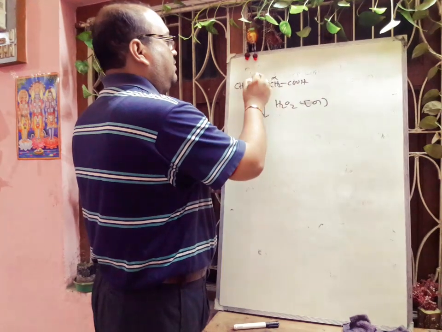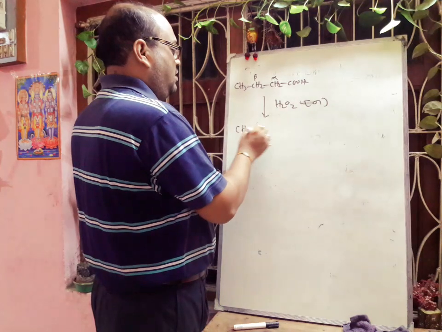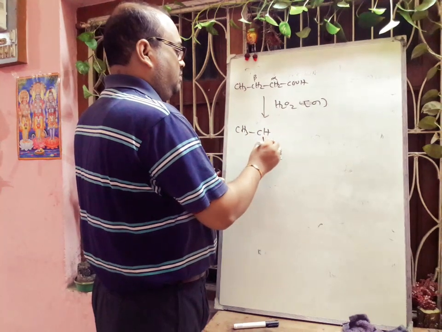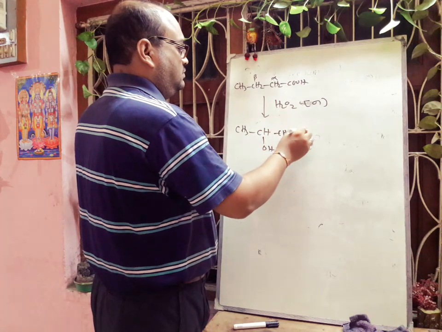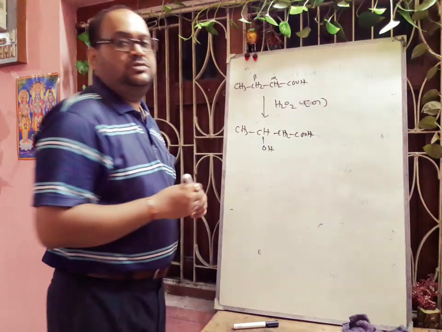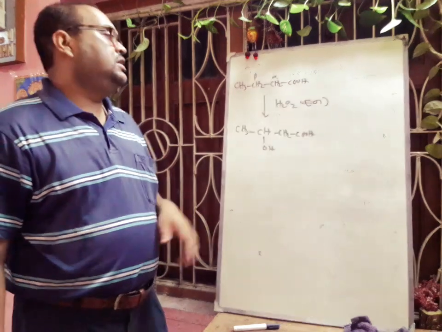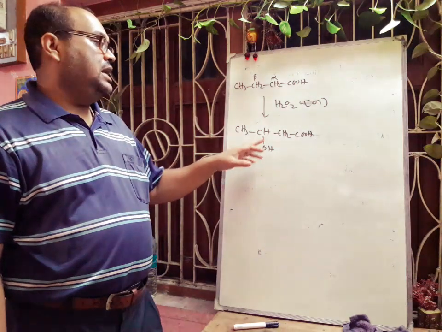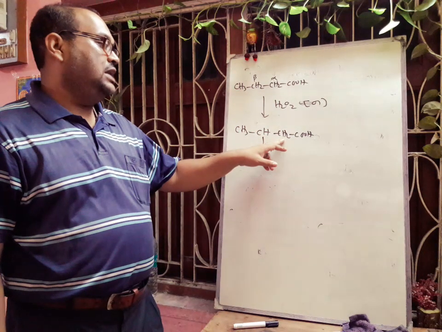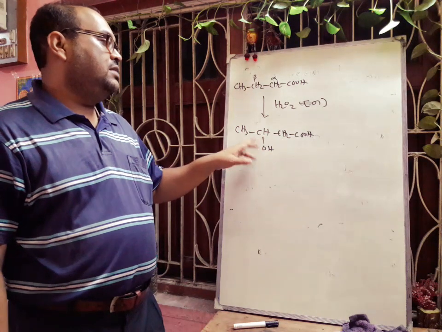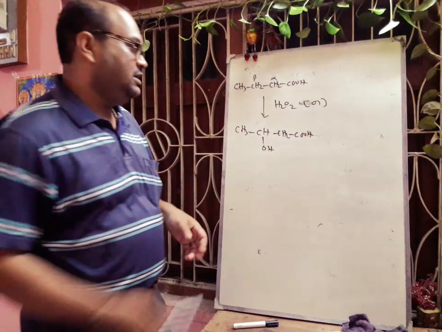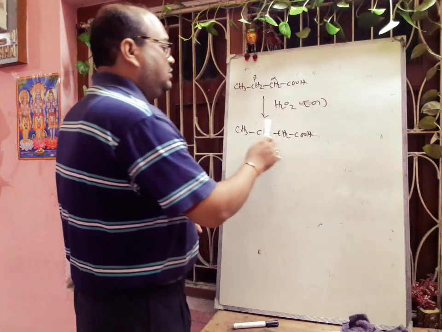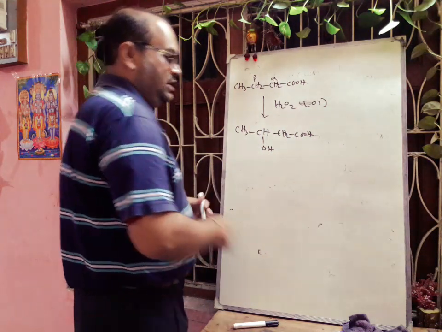This one is alpha, this one is beta. At the beta position there will be formation of one OH function. This is beta hydroxy butyric acid, or butanoic acid, or we can say 3-hydroxybutanoic acid.